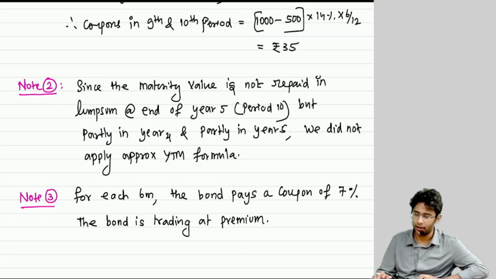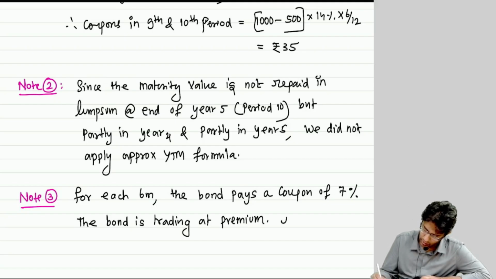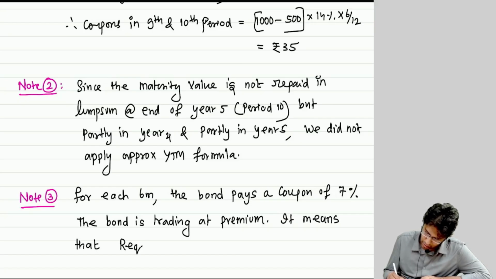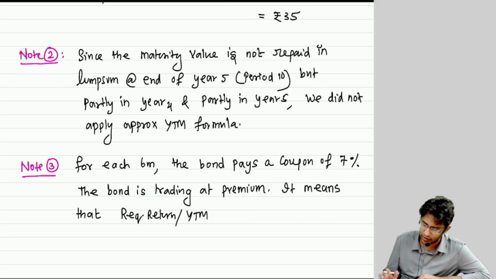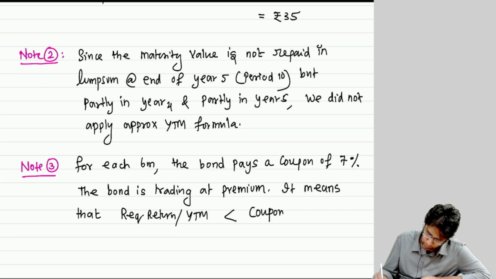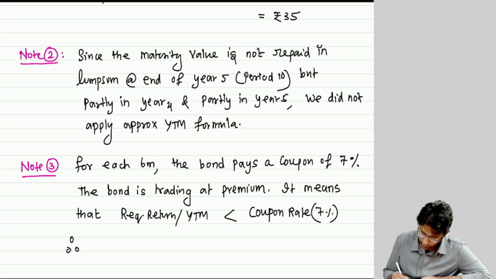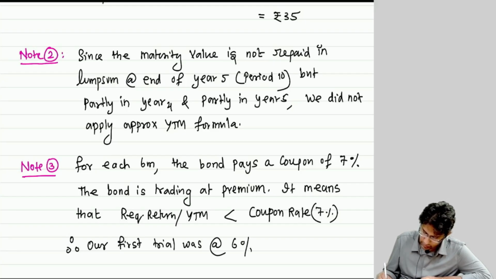It means that the required return or YTM, they both are same now. When the bond is correctly priced, everything is same. YTM is less than the coupon rate. Therefore, our first trial was at 6%.